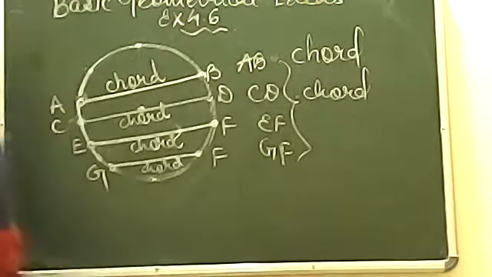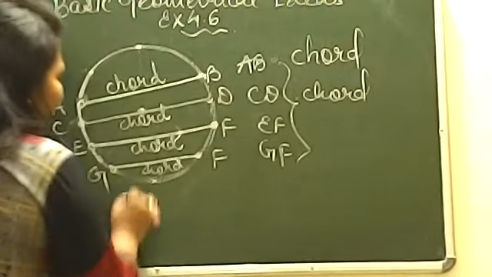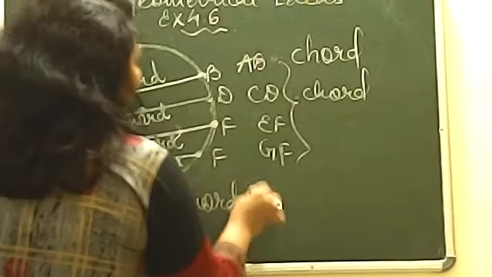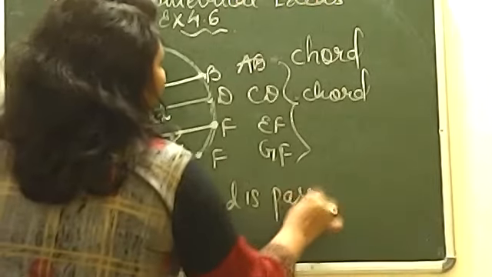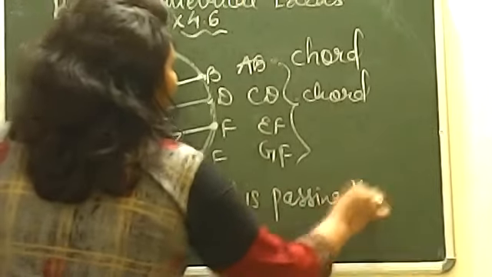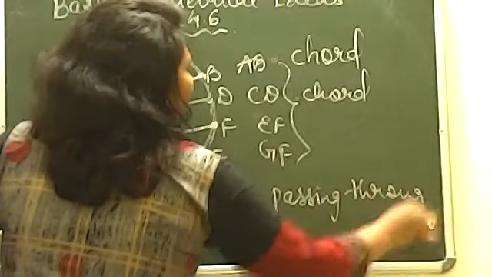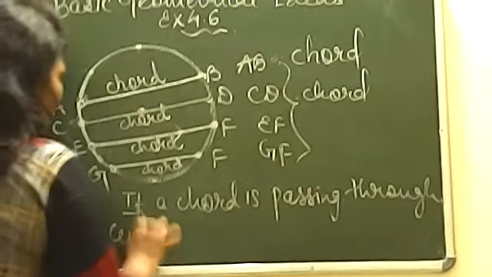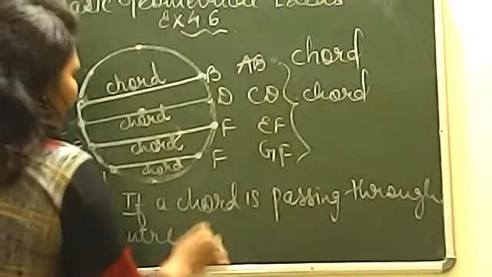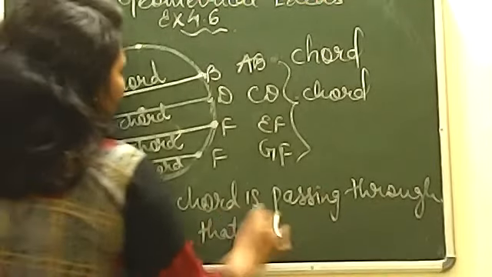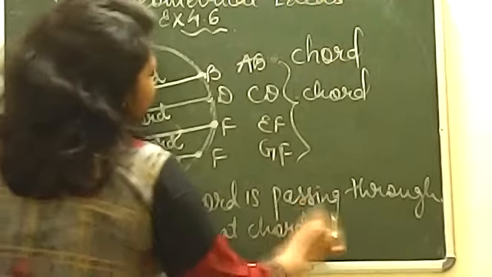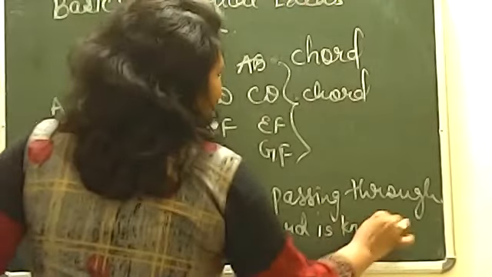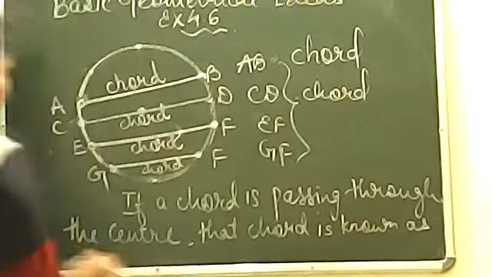Now remember, if a chord is passing through the center, that chord is known as diameter.